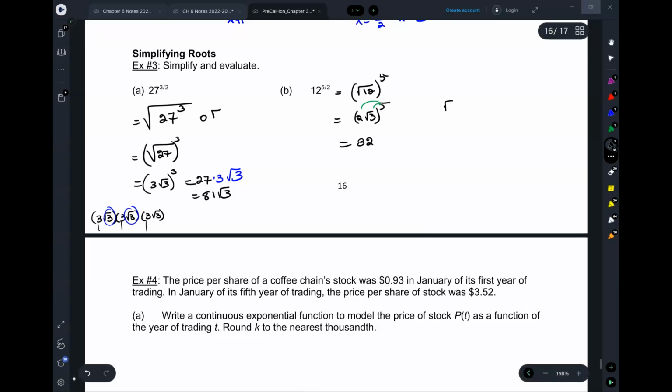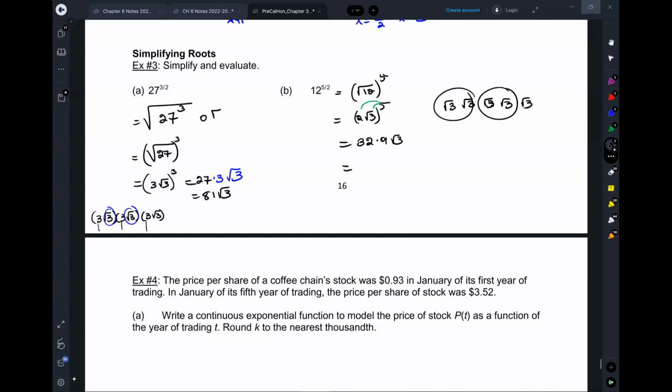So you have 5 of these, and each pair will become a 3. So again, 3 times root 3, that's 9 root 3. And then you even have to do that in your head, right? 9 times 3, 270, 288, root 3. Yeah? We'll stop here for today.